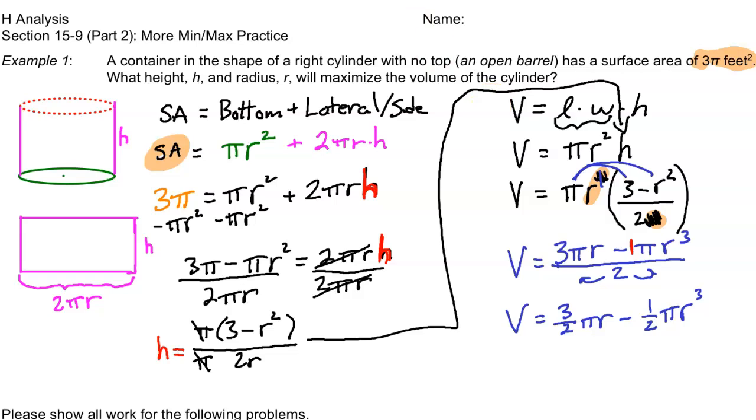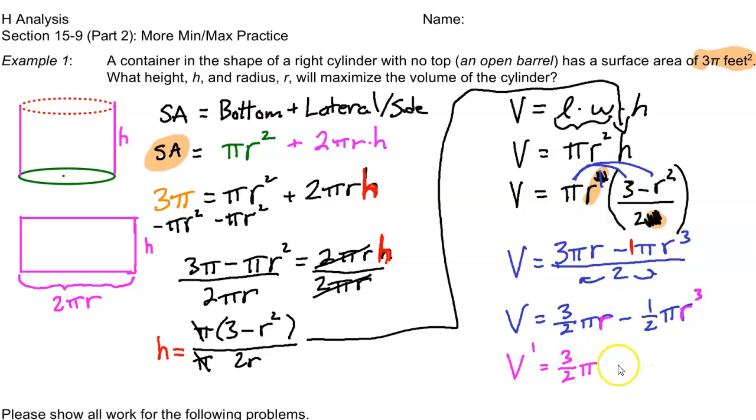So we're taking it with respect to r, which means you treat everything else just like a regular number. So these pi's here don't do anything different. It's just another number. There's no special thing that happens when they're involved in derivatives. Just treat it like anything else. So my derivative will be just 3 over 2 pi.